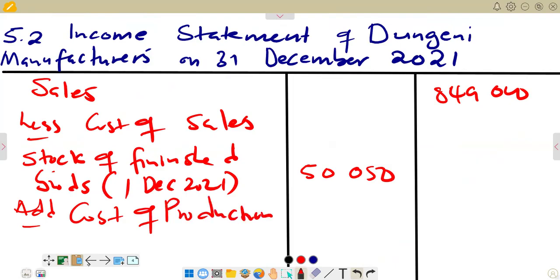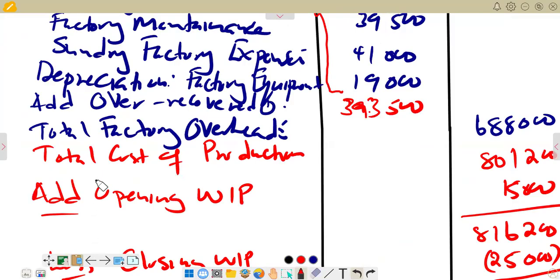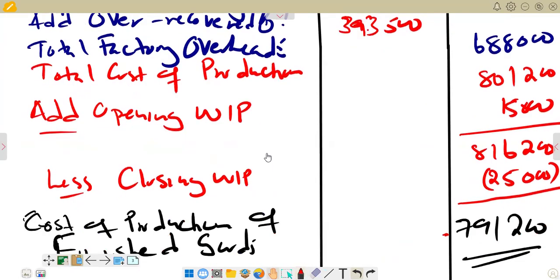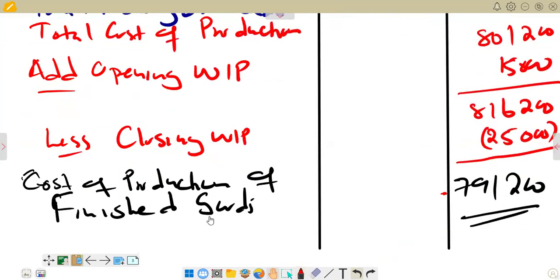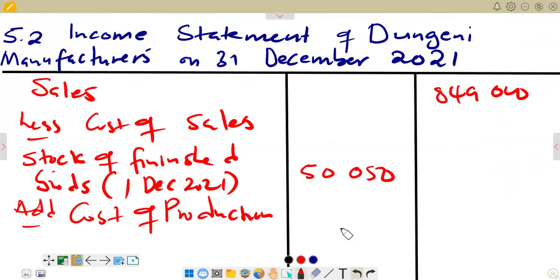This is the figure that we got in the production cost statement. Let's check that figure. This is the figure that we have, 791,200. So we go back there and put our 791,200.